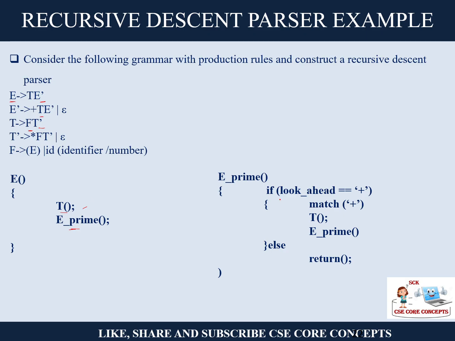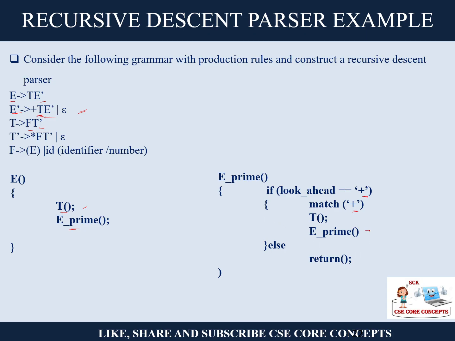So let us construct the function for T and E prime. For E prime, if your look ahead is equal to plus, you try to match plus. Then you give a call to the T function, and then recursively call E prime.